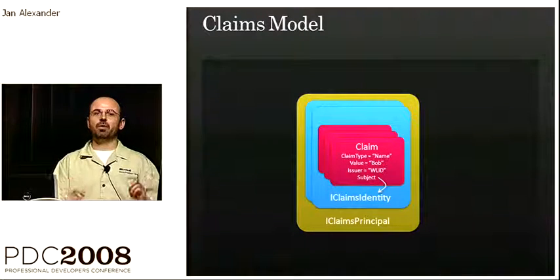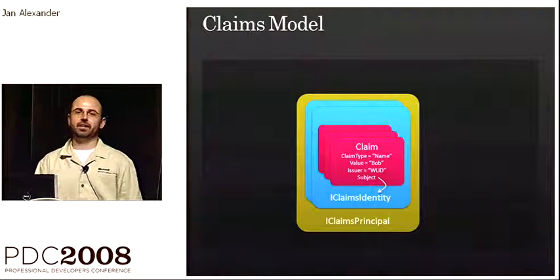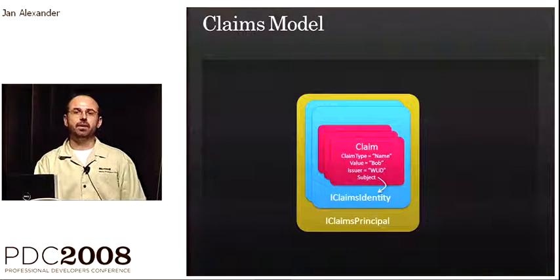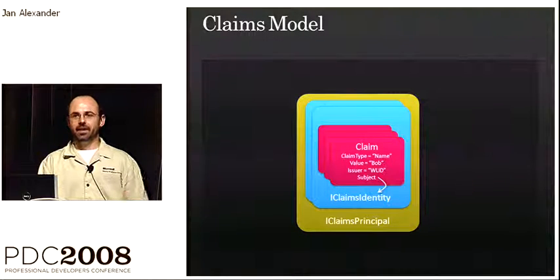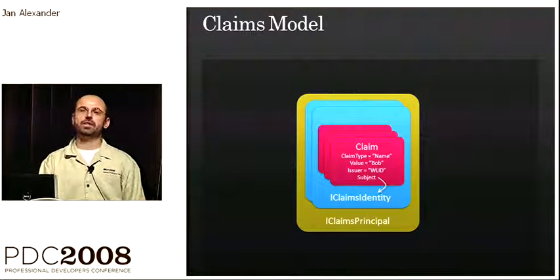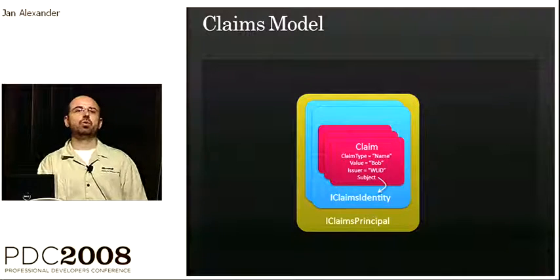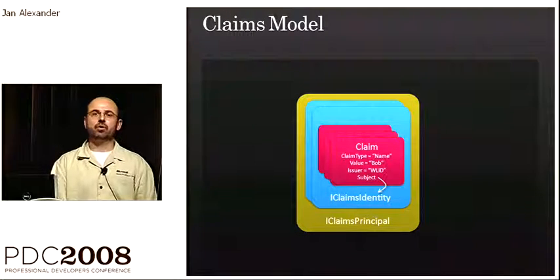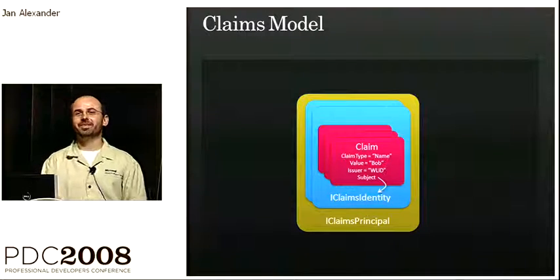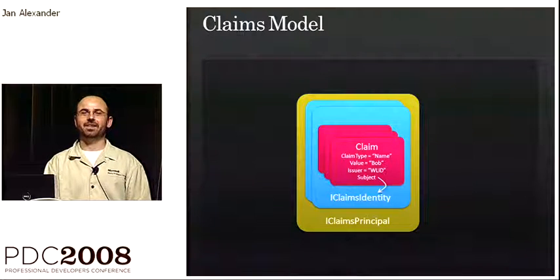So here is the simple model that we created in the Geneva framework component for claims, identities and something we call principals. And for those of you who know the .NET framework, those names besides claim will probably look very familiar, and that's intentional.